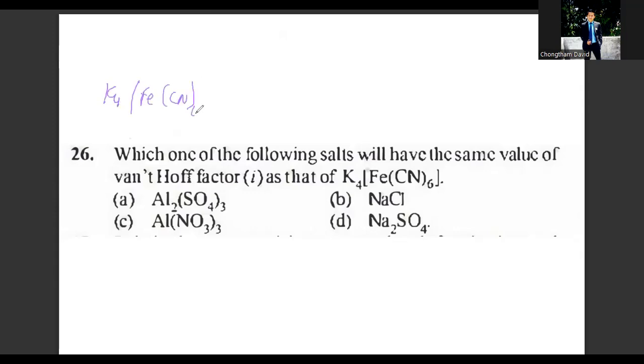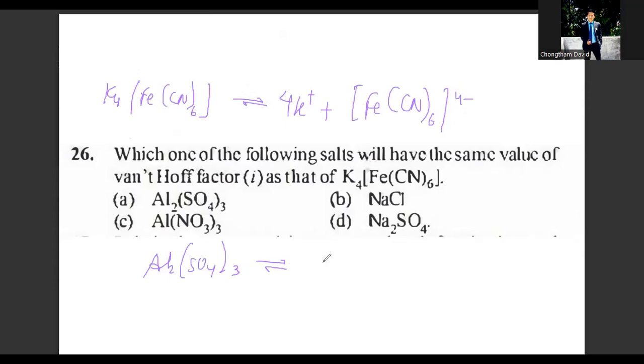Potassium ferrocyanide generates 4 potassium ions and a ferrocyanide ion, Fe(CN)6 4-, and aluminum sulfate, Al2(SO4)3, when this dissociates, it gives 2 moles of aluminum and 3 of sulfate. So see, in both cases they give 5 particles. It's the same. So question number 26 would be A. Potassium ferrocyanide will have the same value of van't Hoff factor. It's an easy question. I hope all of you can understand this question.